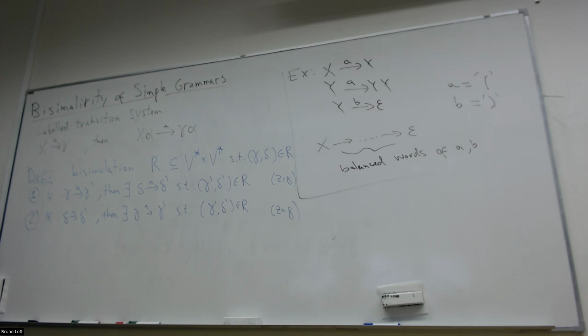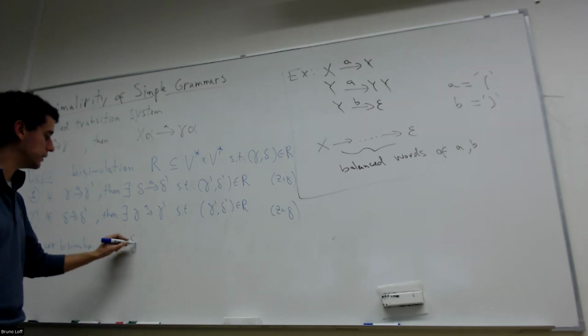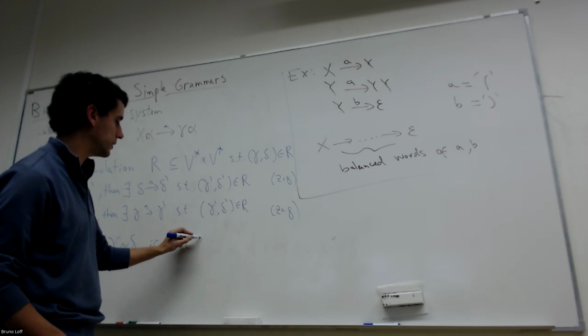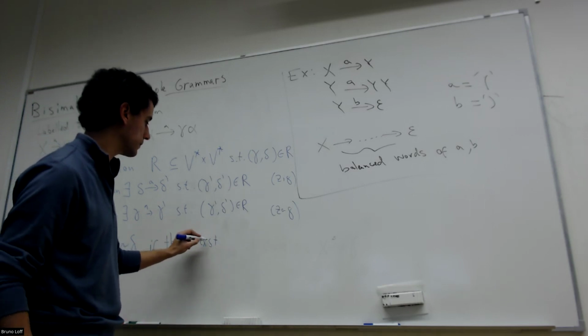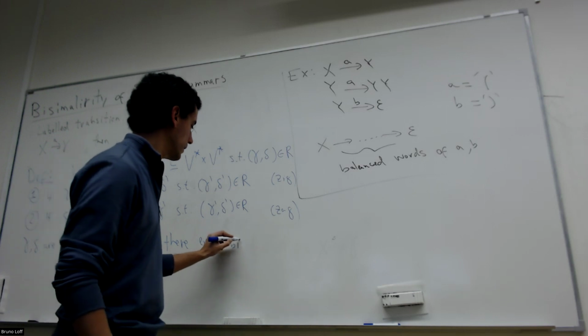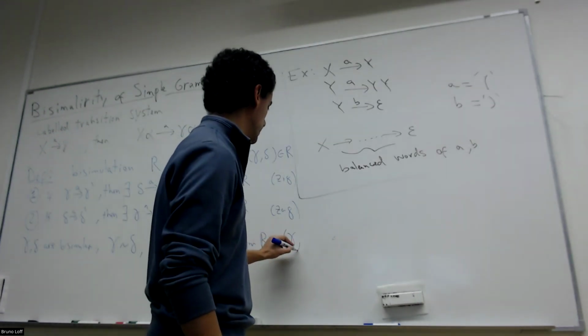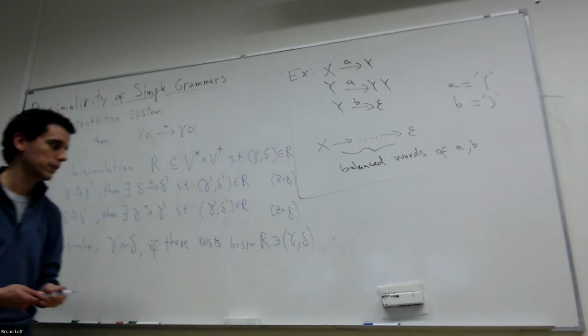And finally, we say that gamma and delta are bisimilar, and we write this as gamma bisimilar to delta, if there exists a bisimulation R that contains gamma and delta.